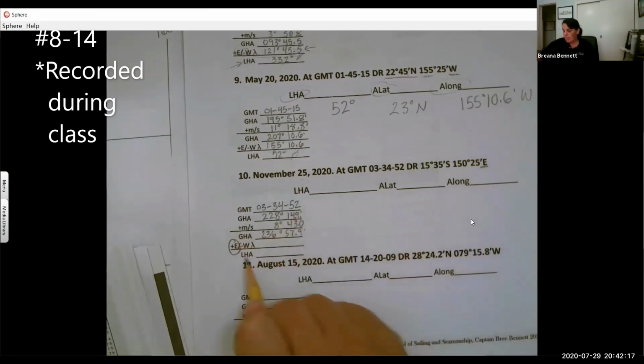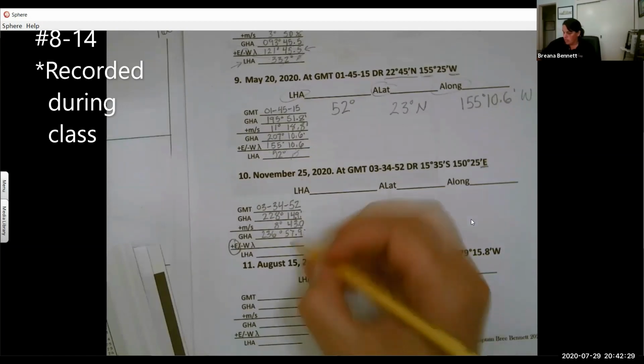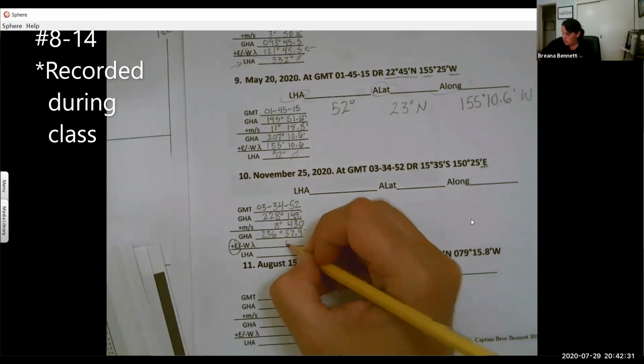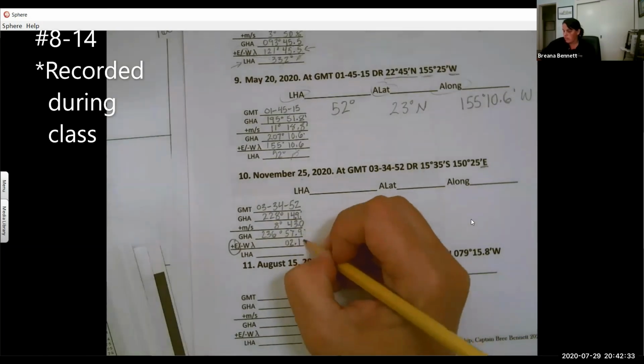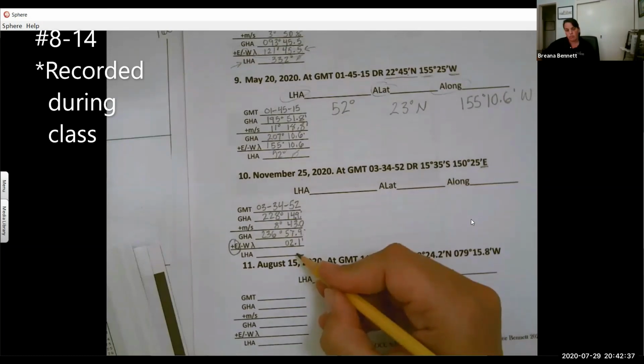So we are adding it this time. So what do I need to get this to a whole degree if I'm adding? I need 2.1 minutes. Everyone see where I got that 2.1?